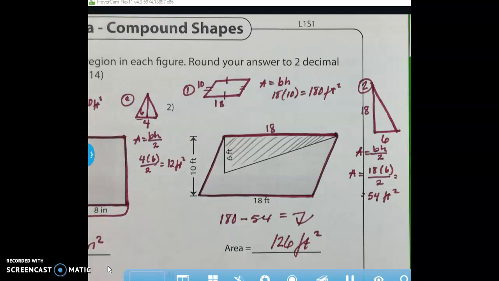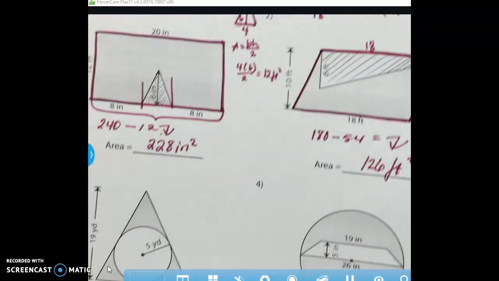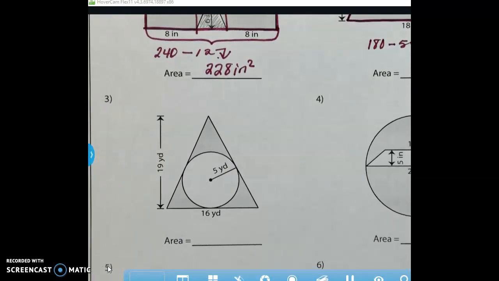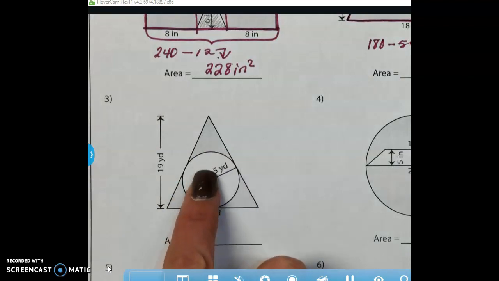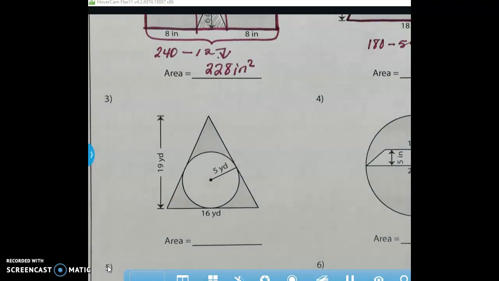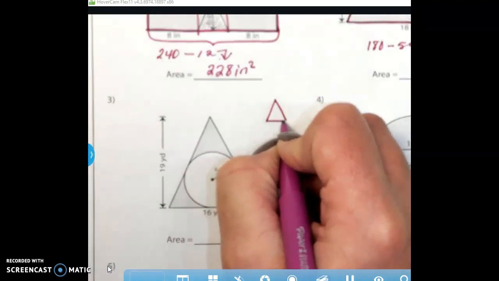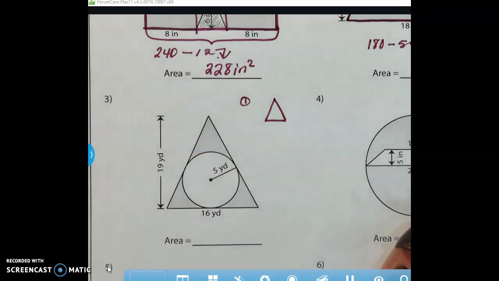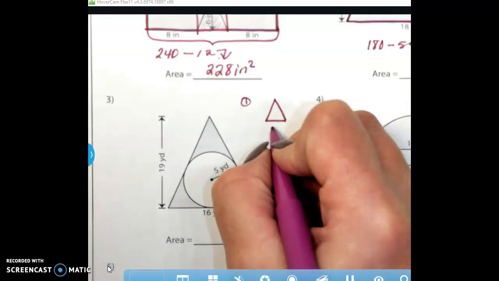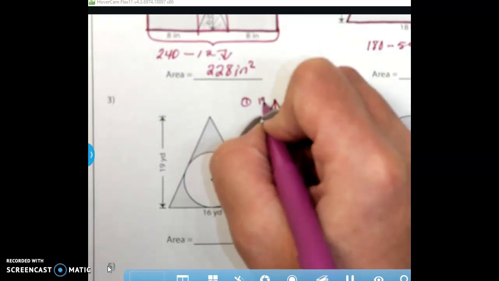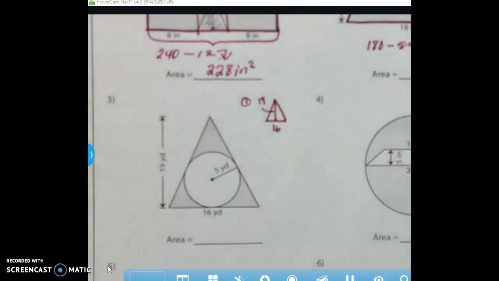Shape number 3. We have a triangle that lost its middle section. We have a circle cut out of this triangle. All right. So once again, we're starting with a triangle, labeling all of the measurements. 16 by 19.